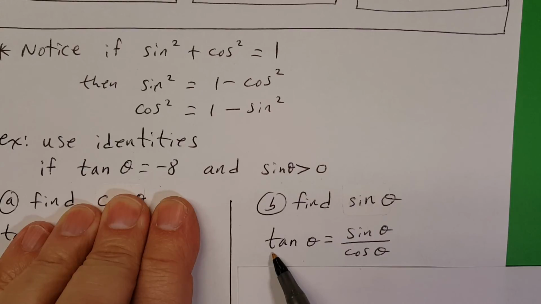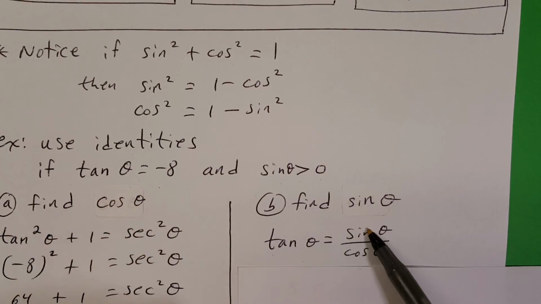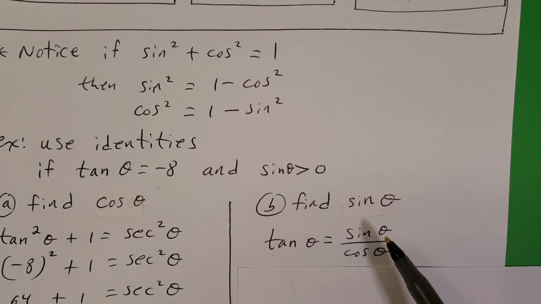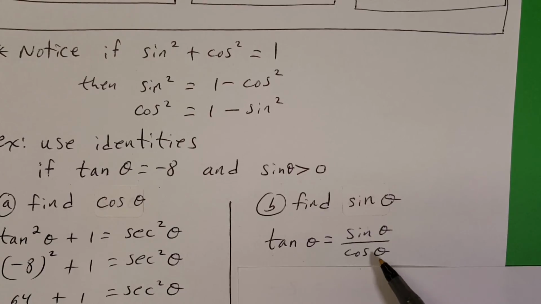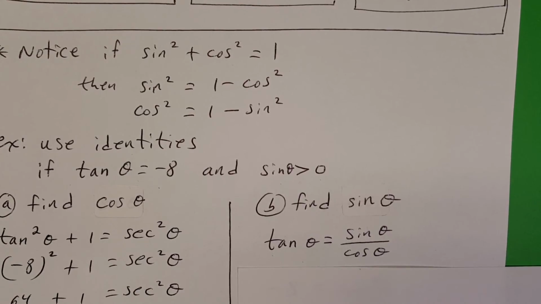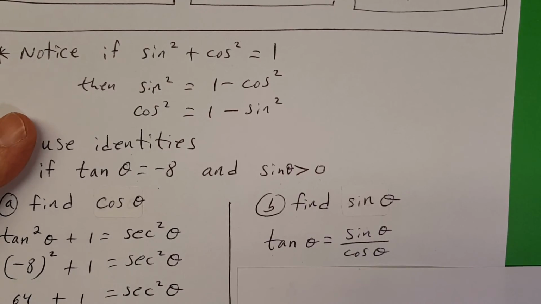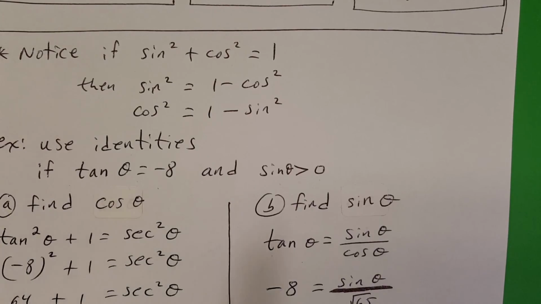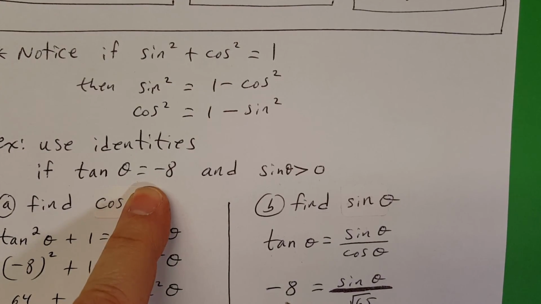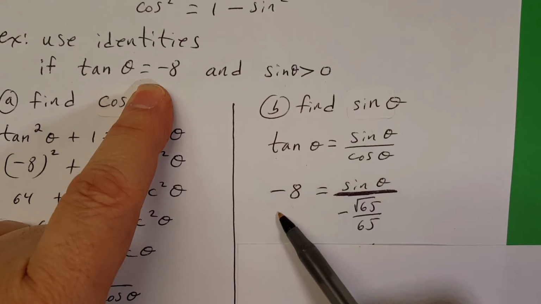I have tangent, and I'm looking for sine, and I have cosine, because we just did it. Okay? So, let's replace tangent theta with -8. There it is. With -8. There it is.